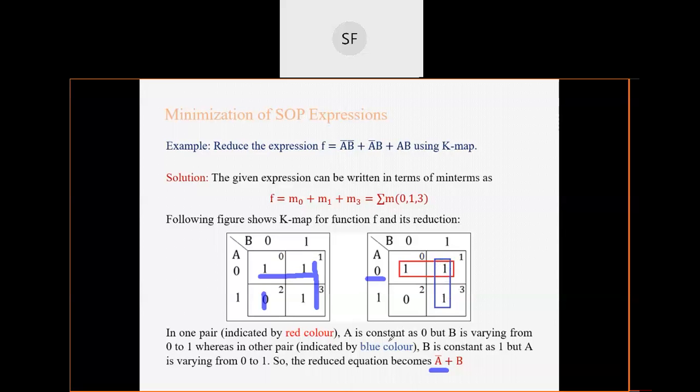Okay, so this blue color pair, if you observe this blue color combination, you can observe that for this blue pair the value of B is constant and it is 1, but the value of A is varying from 0 to 1.